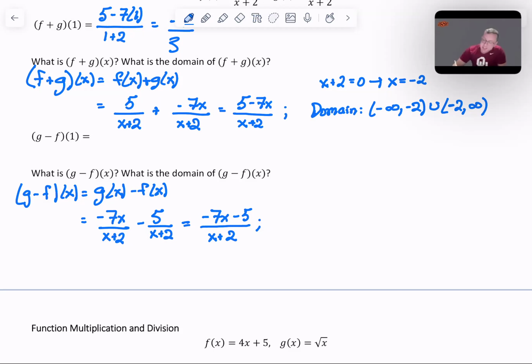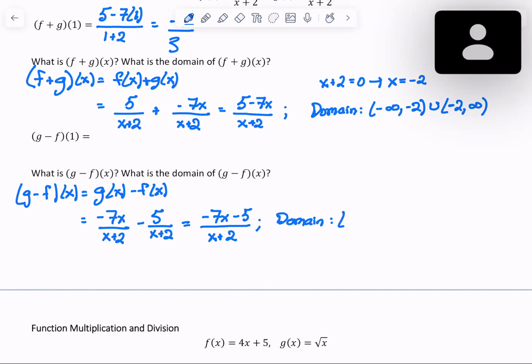So the domain is still the same as the previous part: negative infinity up to negative 2 and negative 2 to infinity with a union in between. Everyone okay with that?